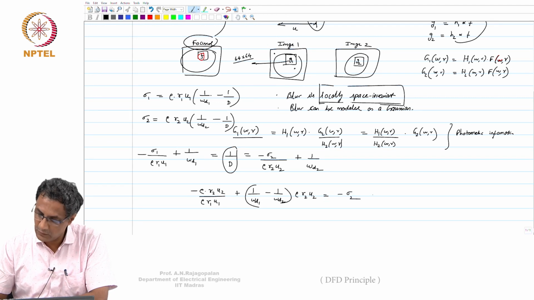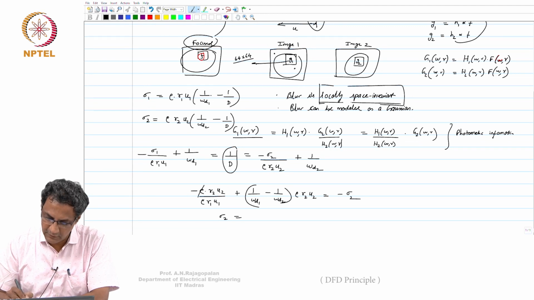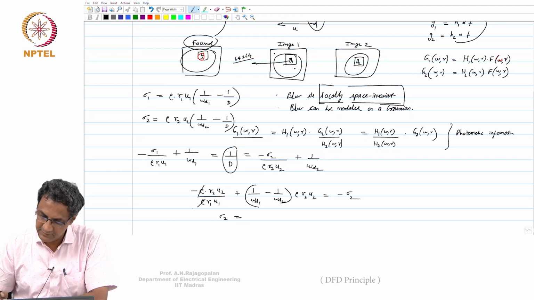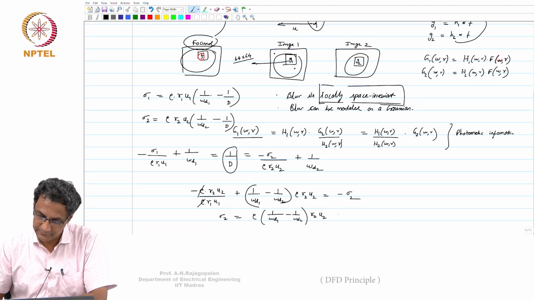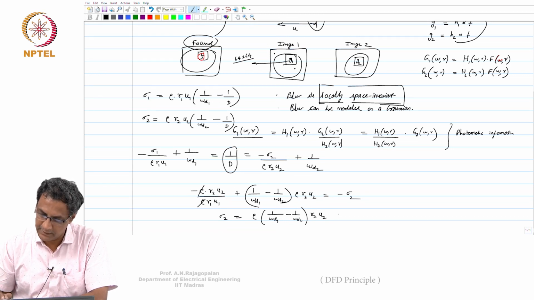Or we can say sigma 2 is equal to, so this rho will cancel off, rho into 1 by omega D1 minus 1 by omega D2 times R2 U2, plus, oh no, omega D2 minus D1 here.